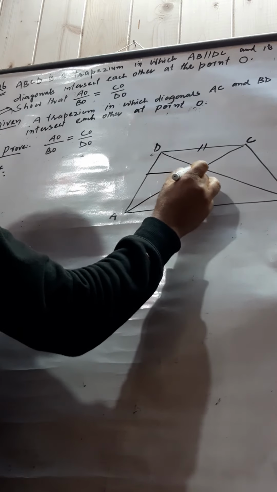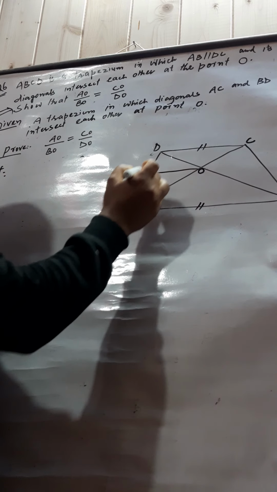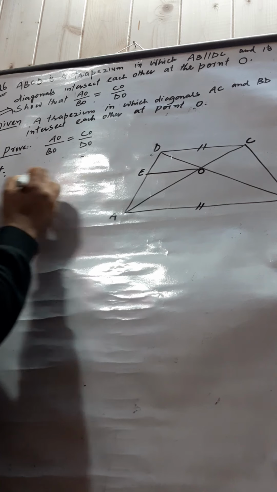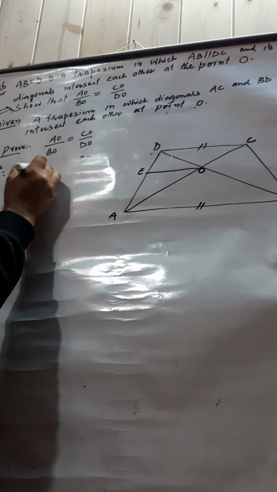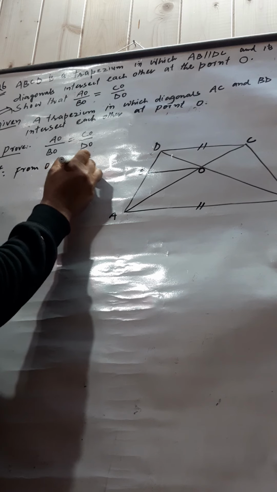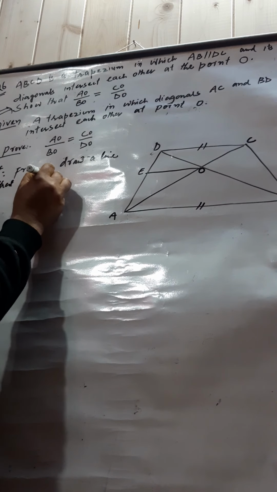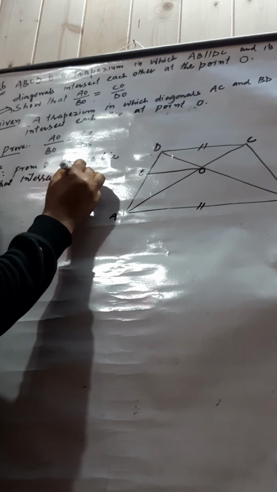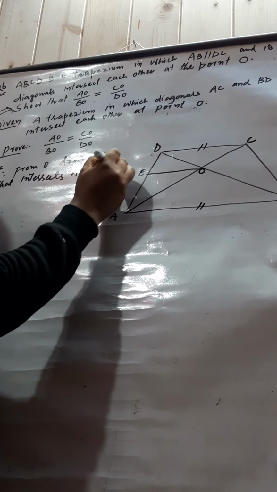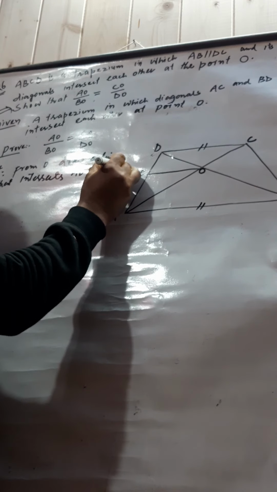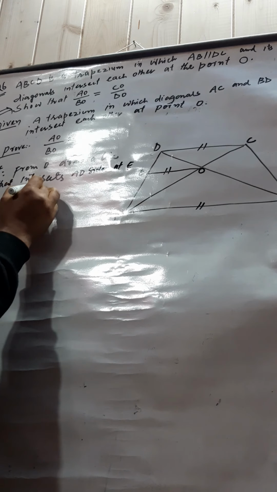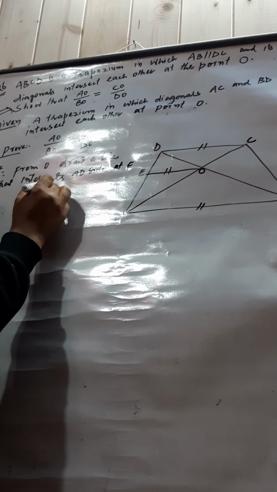In the construction, we draw a line from point O that intersects line segment AD at point E, in such a manner that OE is parallel to AB.